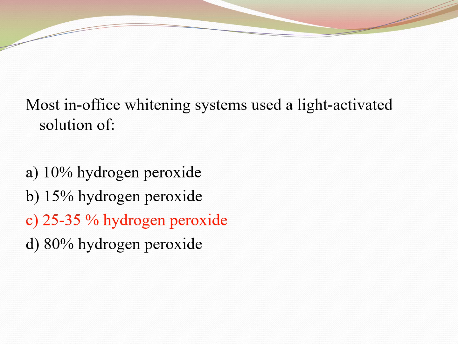And the in-office whitening systems are usually 25 to 35% hydrogen peroxide. You very seldom are going to see the 10%. 10 or 15% are going to be some of the take-homes, and usually that's just way too high. No one is going to use an 80% hydrogen peroxide. But again, your 10% and 15% are seen in your take-home products, and the 25 to 30% are put into the in-office whitening procedures.